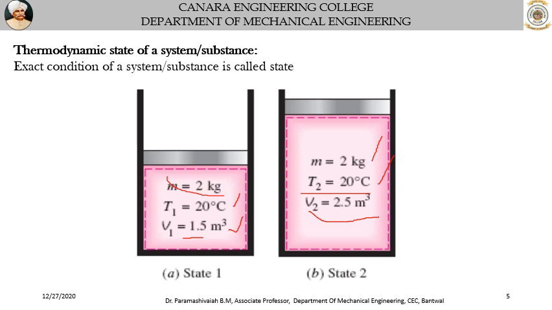We allowed it to expand, thereby increasing the volume. So state is the condition of a substance with all the properties fixed. Even many other properties will come into picture, not only these three, even pressure, maybe enthalpy or entropy. You will learn these things in later stages. So that is state.